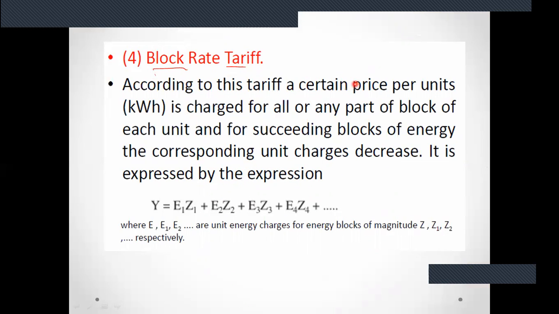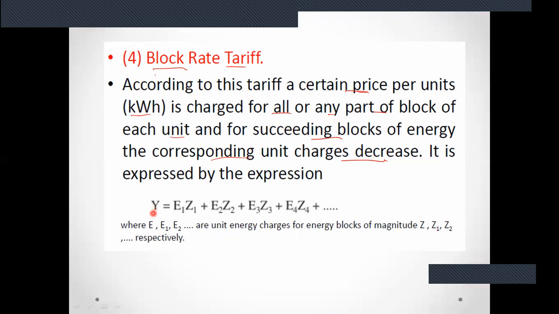Then the fourth one is the block tariff. According to this tariff, there is a certain price per unit, in terms of kilowatt hour, and it is charged for all or any part of the block of each unit, and for the succeeding blocks of energy the corresponding unit charges will decrease. This block rate tariff we can use for a single unit, or for a block of units.